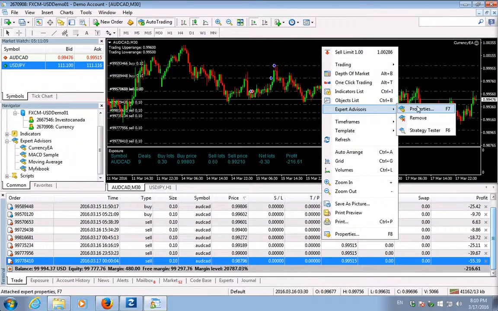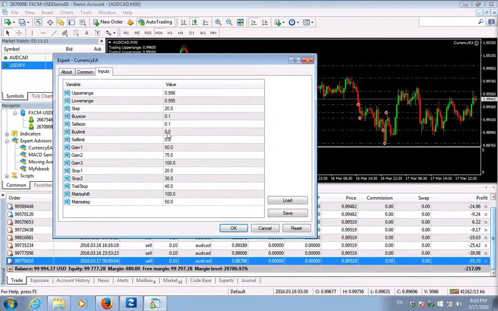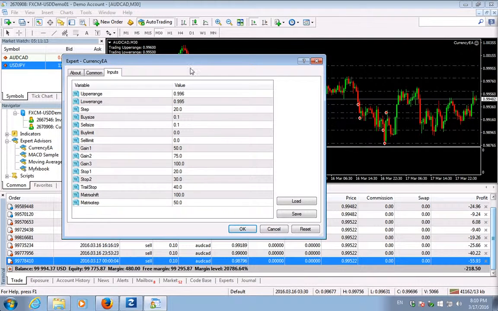Although I want to do some adjustments to the expert advisor. Let me open properties of expert advisor. Here you see we're staying pretty much at the same settings, except I want to make the stop a little bit tighter.